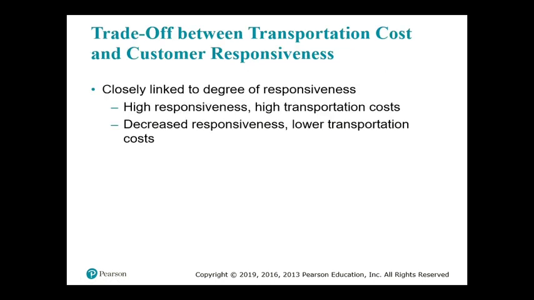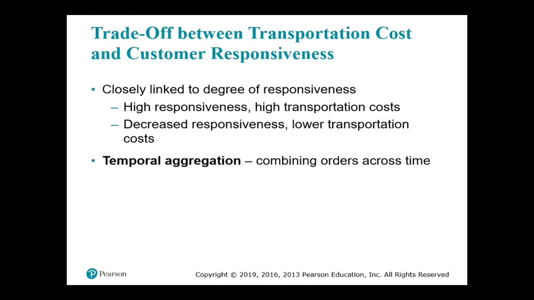And when we're trading off between the cost of transportation and the responsiveness of the supply chain, one way to look at this trade-off is how much we need to aggregate temporally.